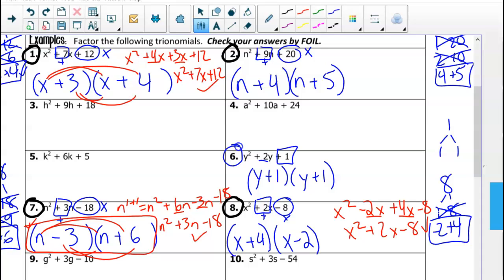Anytime you have double, like this, double the same polynomial, you could change the way you write this. Remember that with exponents, if you have some base and it's being multiplied x number of times, it is being raised to a power. So I could say this is the same thing as y plus 1 squared.